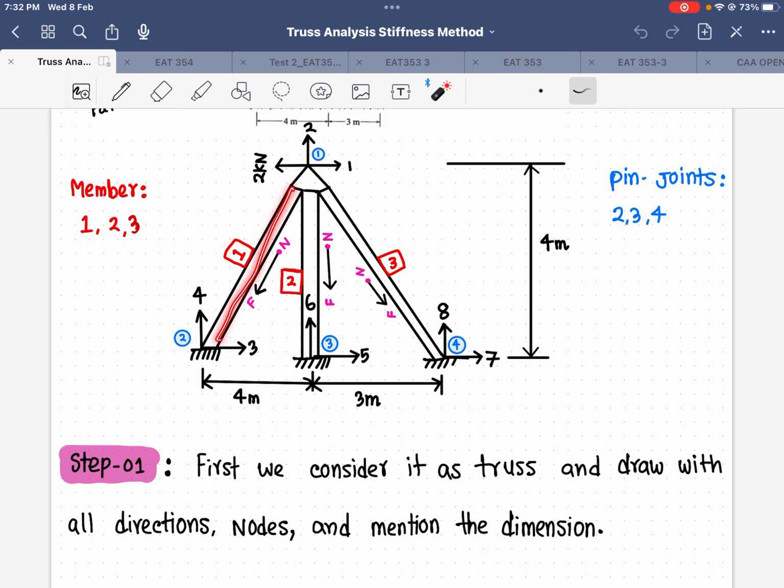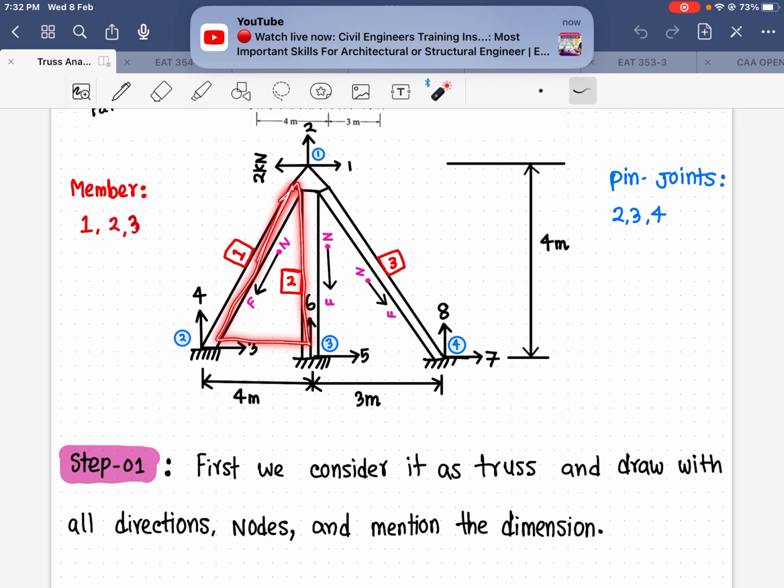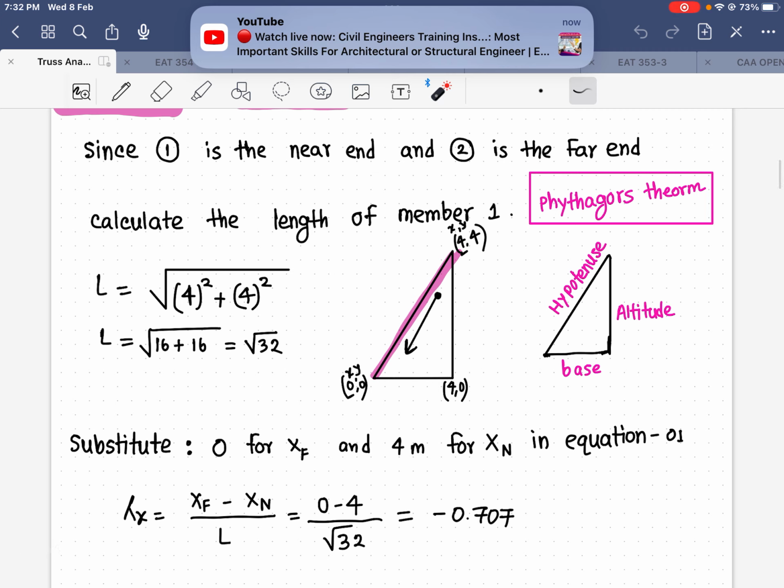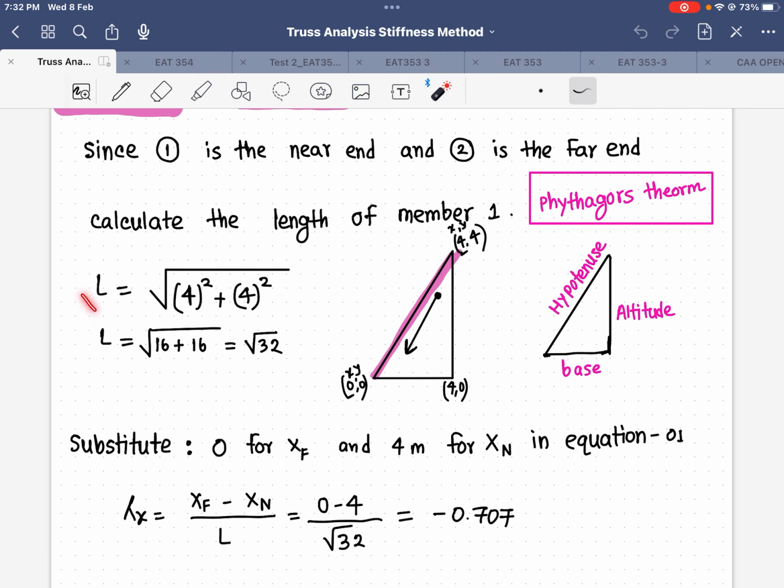This length, I mean the base, is 4 meter, and this is also 4 meter, so I have to get the hypotenuse. Using the Pythagorean theorem, 4 squared plus 4 squared, I will get root 32.